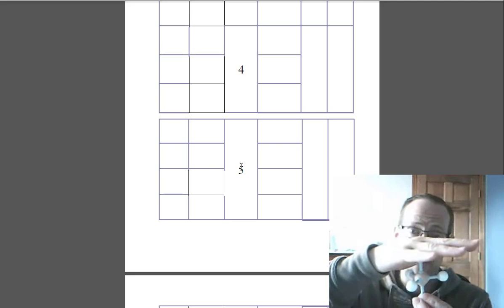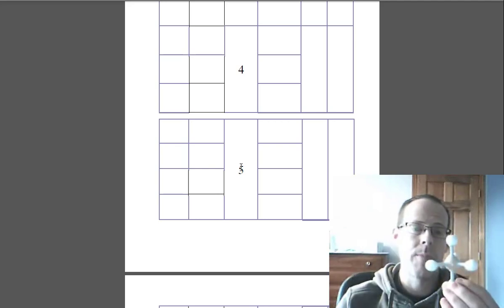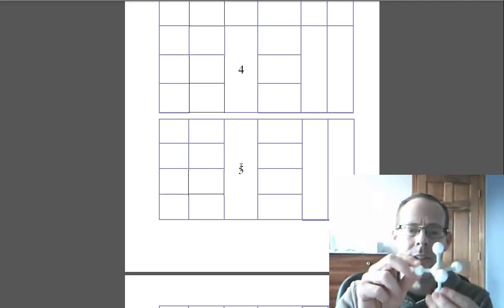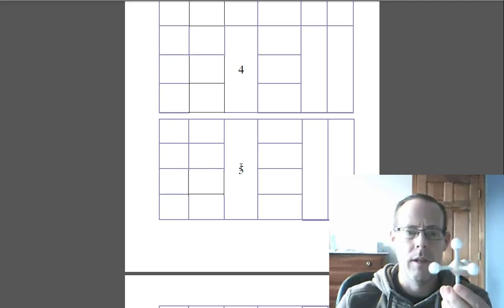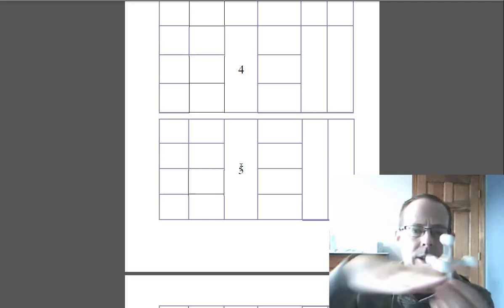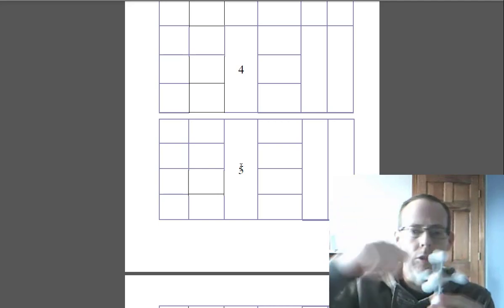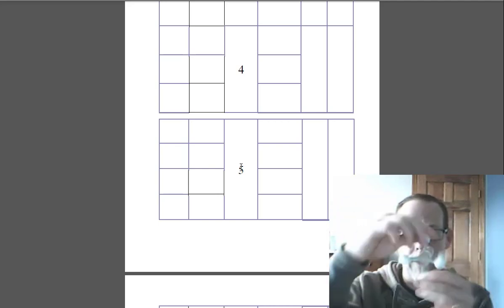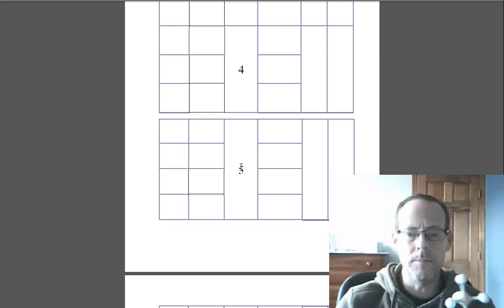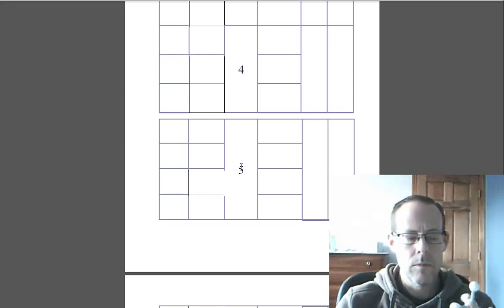The geometry of this and the shape of this are going to be trigonal bipyramidal. So we basically have a pyramid on the top, and we have a pyramid on the bottom. So trigonal bipyramidal, because we have 2 pyramids. Bond angles, there's several that can happen.